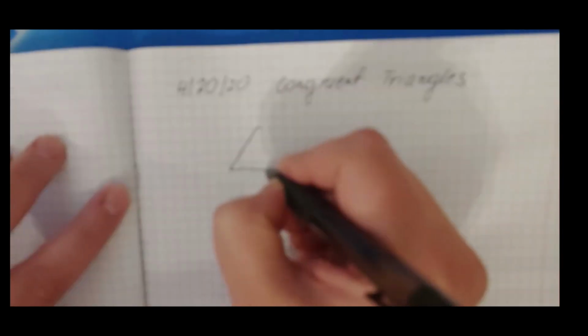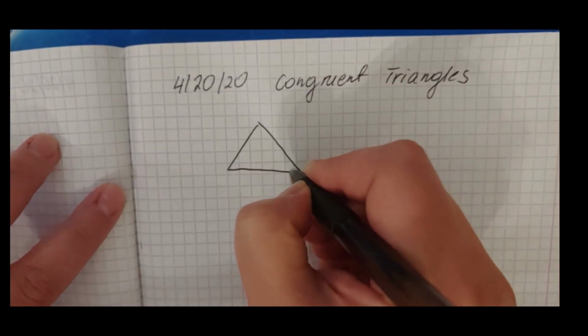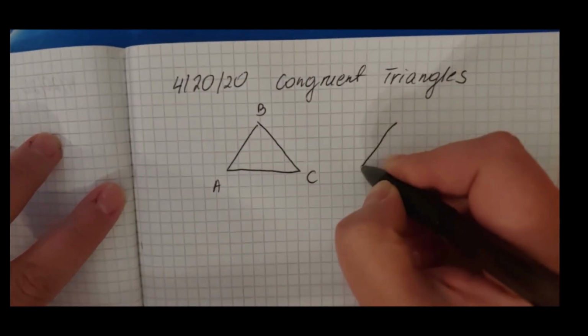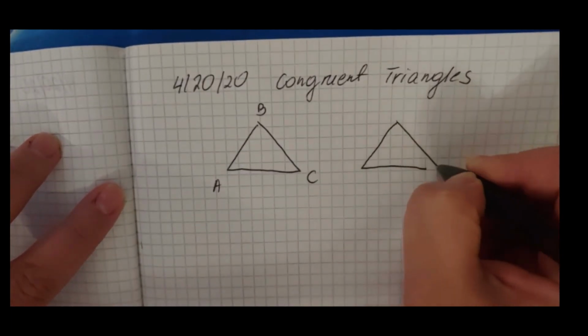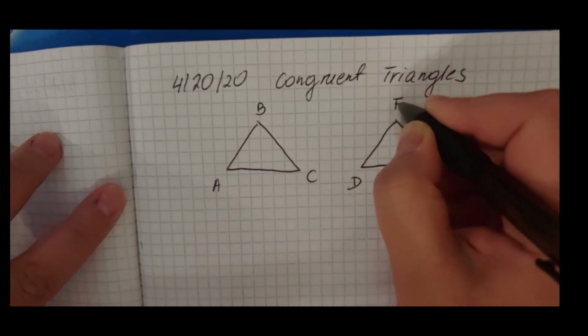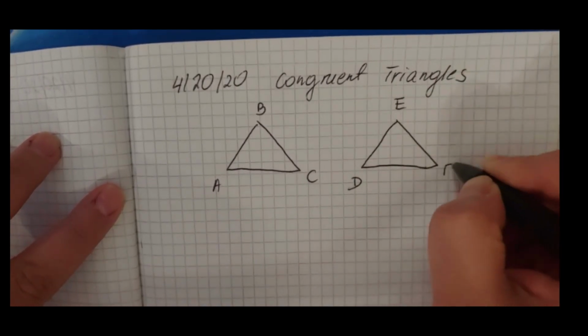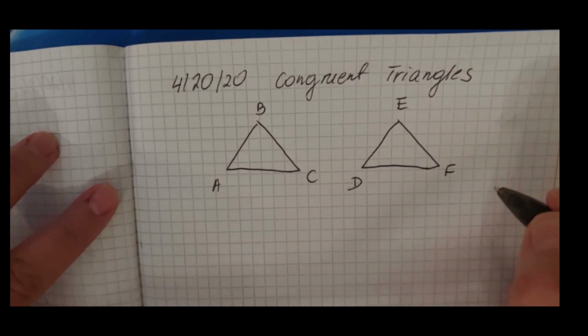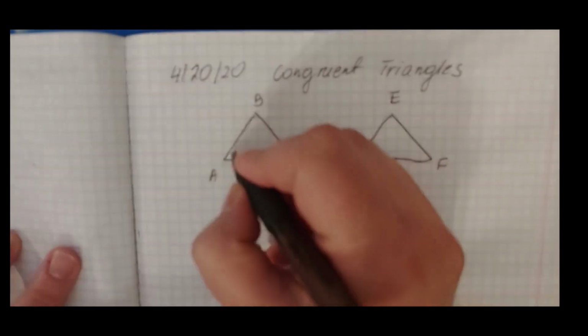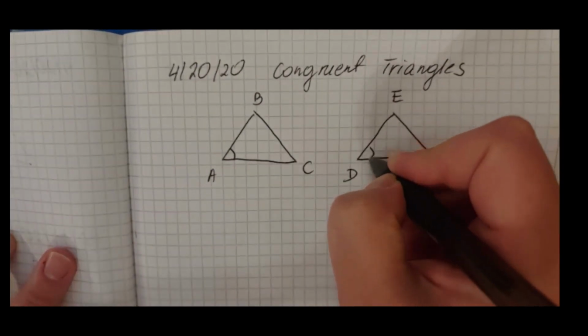If they give me two triangles, let's say triangle ABC and triangle DEF, they are pretty badly drawn, but they're going to give us markings for the angles.